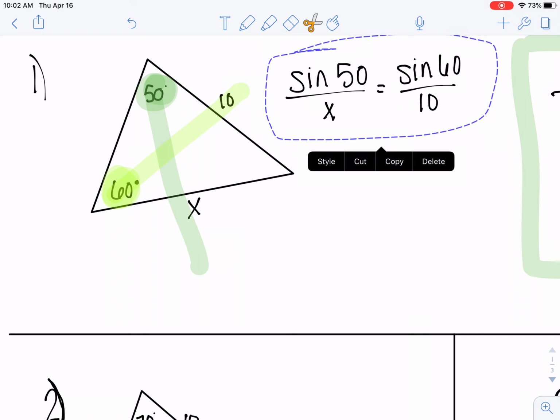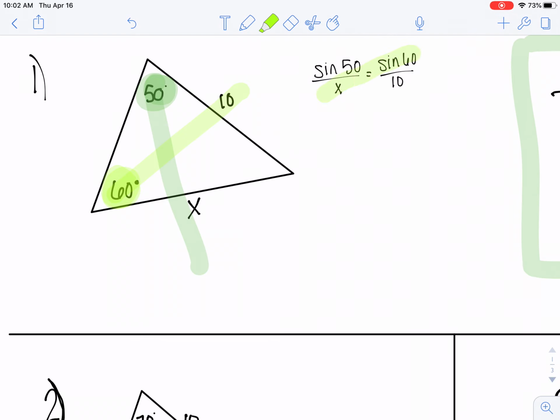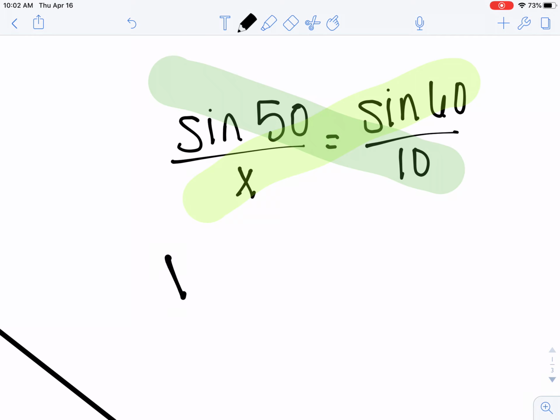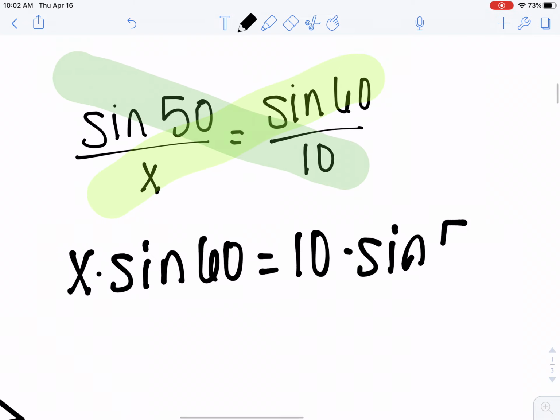X is on the bottom, so I'm going to cross multiply here. I'm going to multiply those two and multiply those two and set them equal to each other. So my equation's going to look like this. Now I need to get x by itself.